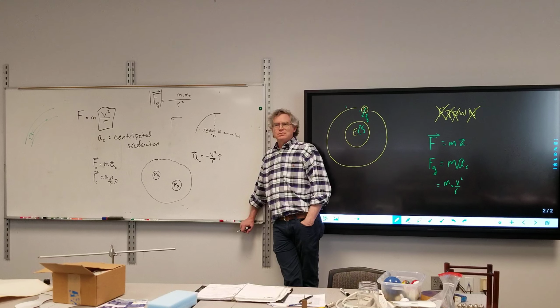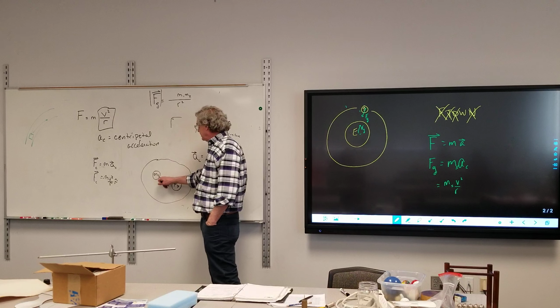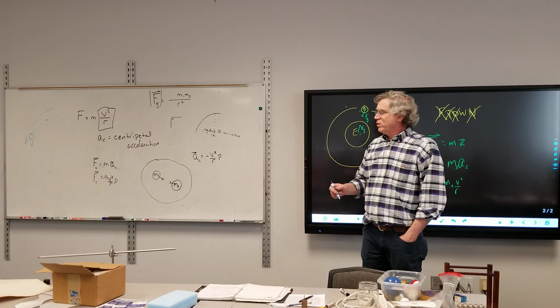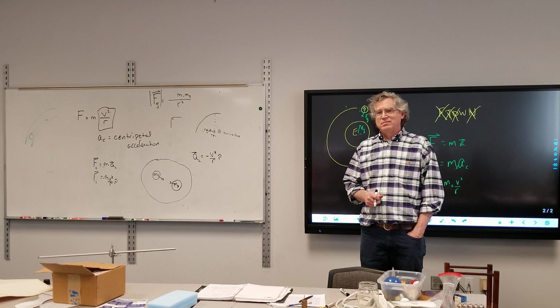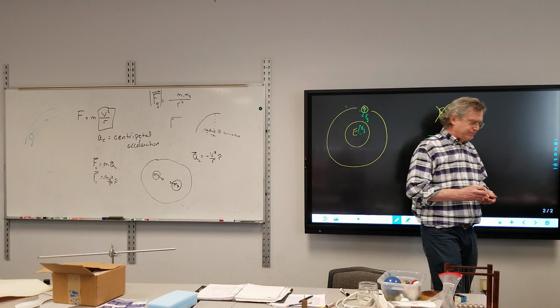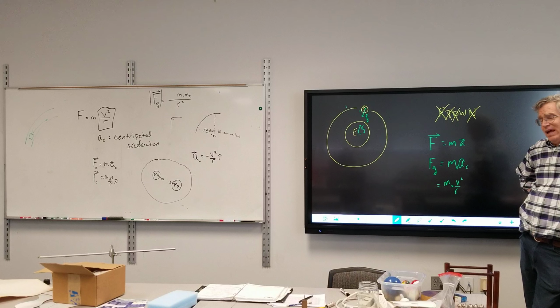Gravitate, pull towards each other. Yeah. So they should get attracted to each other. So here's the question. How does mass 2 know that mass 1 exists? And vice versa, how does mass 1 know that mass 2 exists?